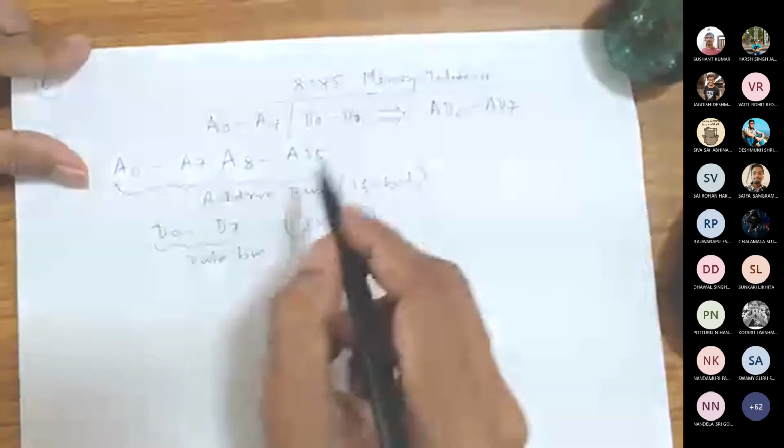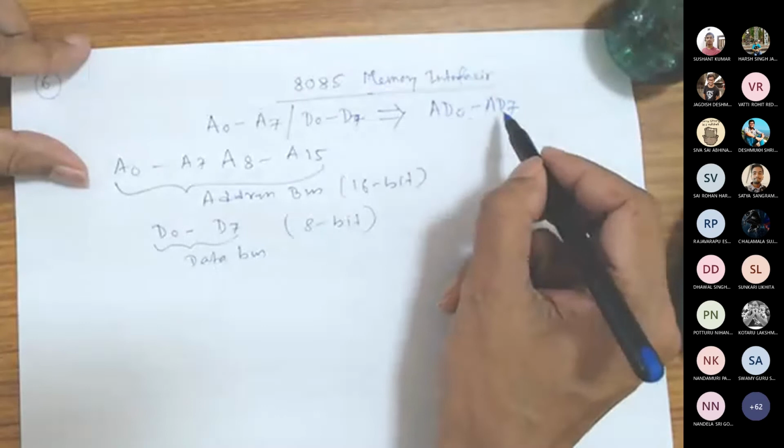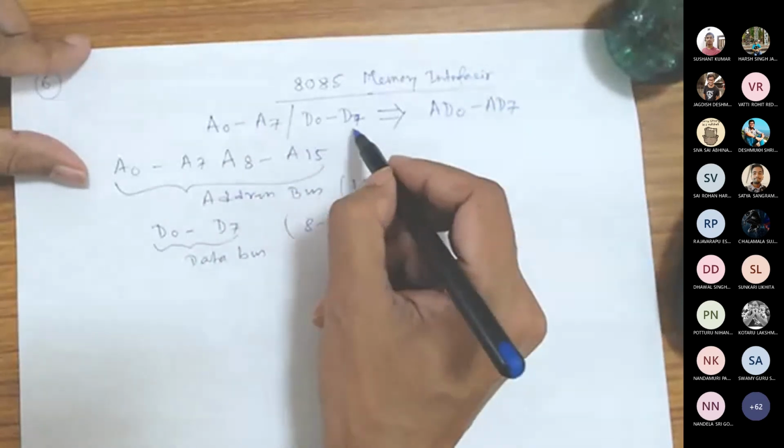How to do this transition from AD0 to AD7 into A0 to A7 or D0 to D7?